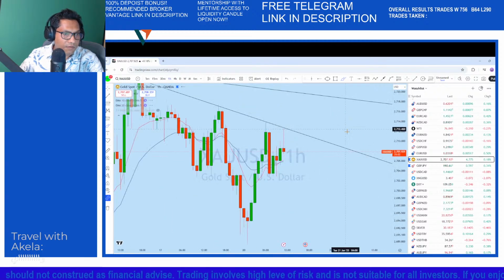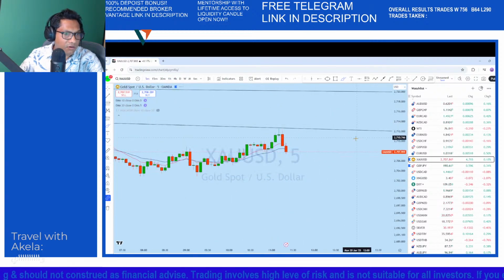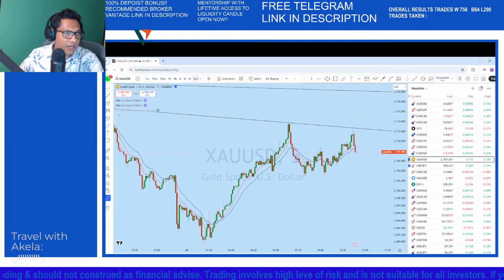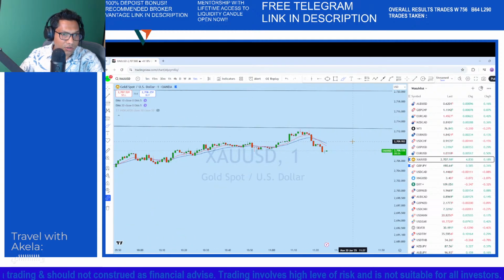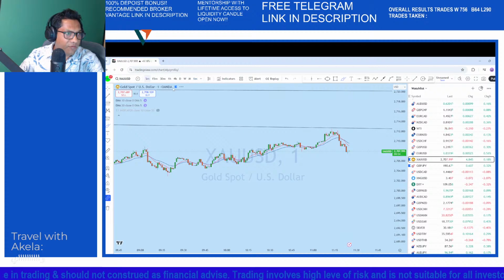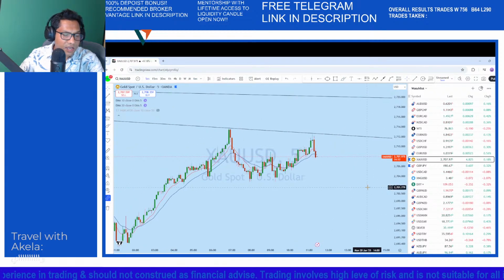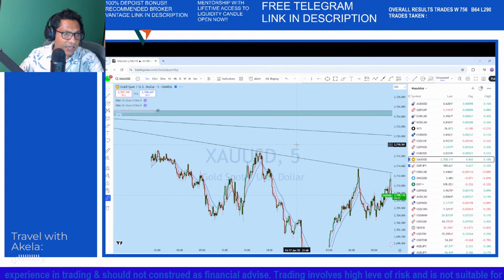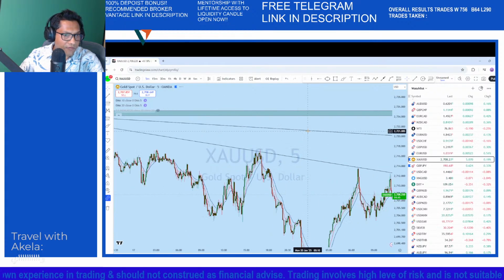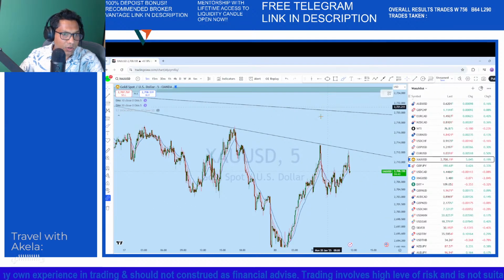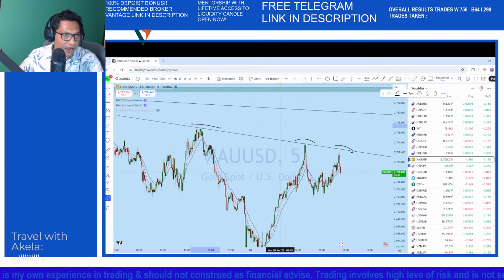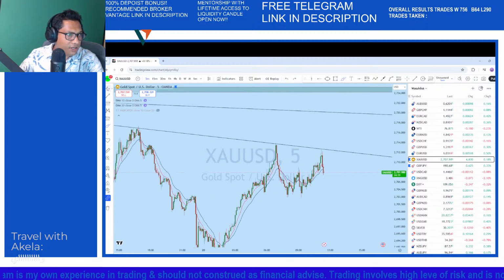Looking at the lower time frame again, on the 5-minute chart and even the 1-minute, as we trade on the lower time frame, we can see from the 5-minute perspective that this is a long-term resistance, and the market is respecting it with a series of lower highs, which is a downtrend.